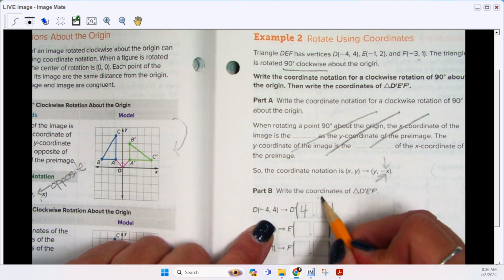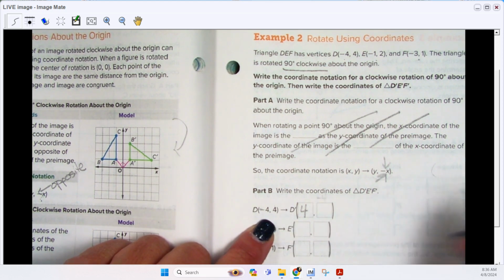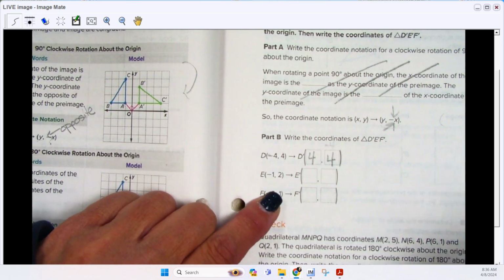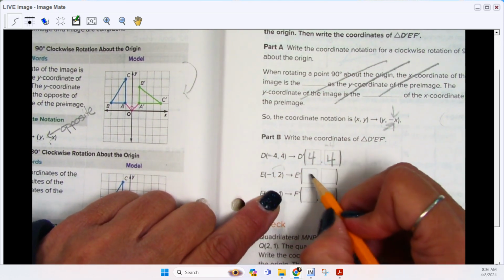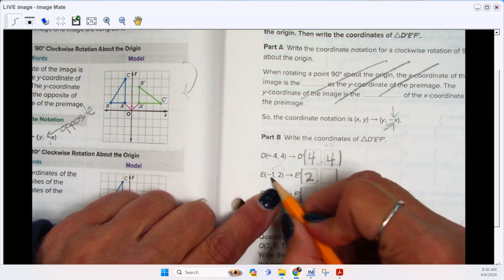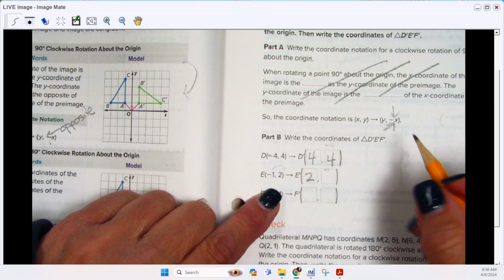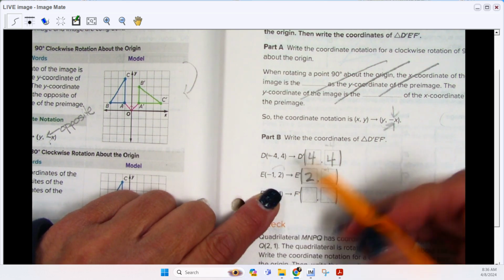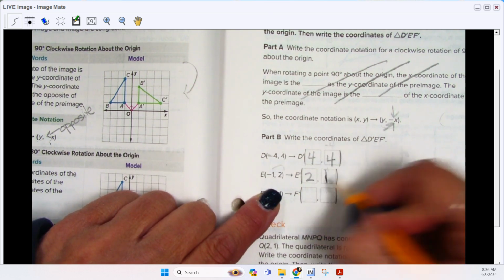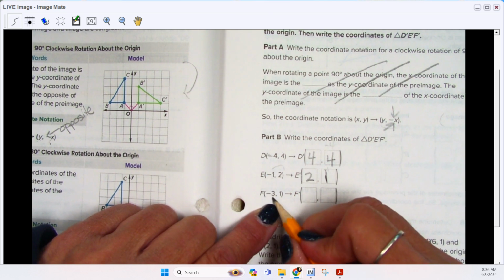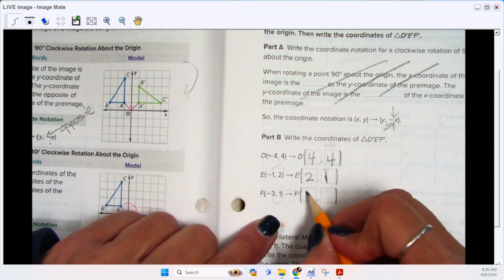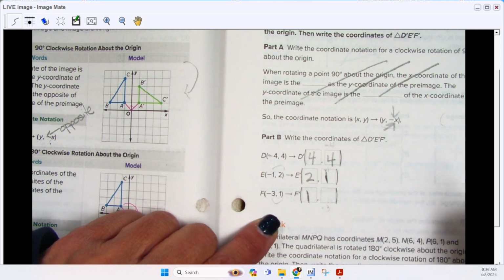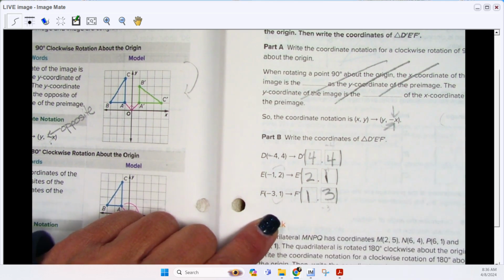That would be negative 4, but we need the opposite, so that's going to be positive 4. Right here, we switch these two, so this is now 2. This would be negative 1 if we were just switching it, but I want to take its opposite, so it's positive 1. Same thing here, I'm going to switch these two numbers. This is going to be 1. This would be negative 3, but I want its opposite, so that's positive 3.